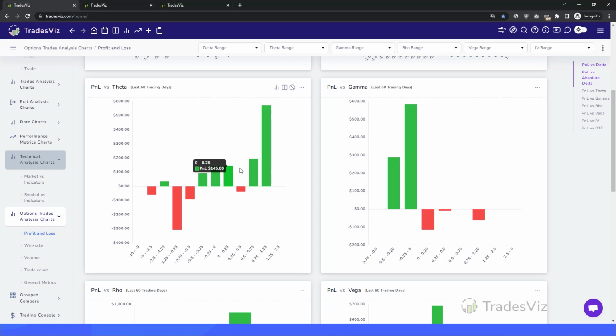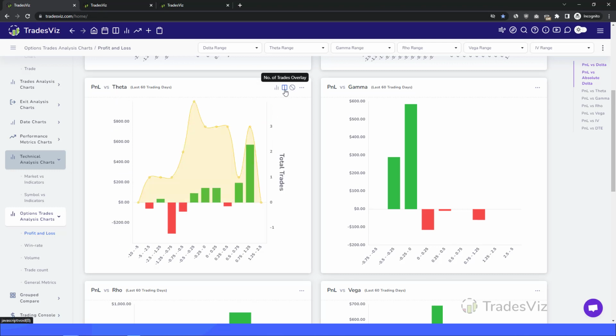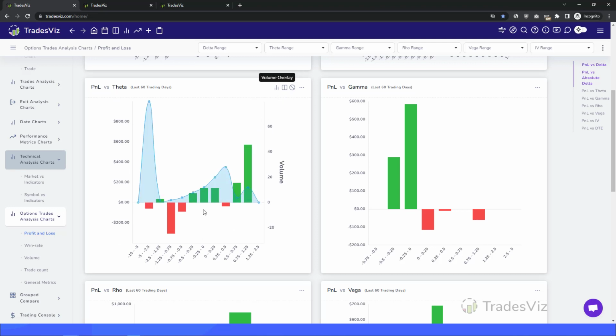So at positive theta, I can't really say that I'm doing so well in the middle range, but there seems to be a little bit of profit on the extreme ranges, right? So does this mean that I need to shift my trades over to this side, or does this mean that I need to focus on improving the trades this side? That completely depends on the type of trader you are, the type of strategies that you're using, right?